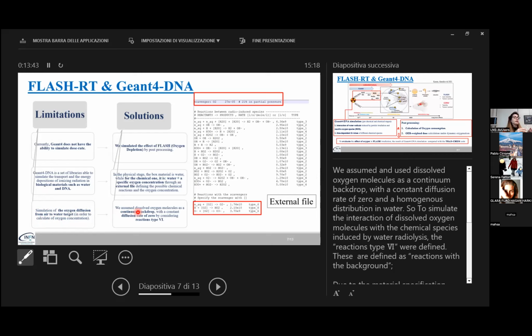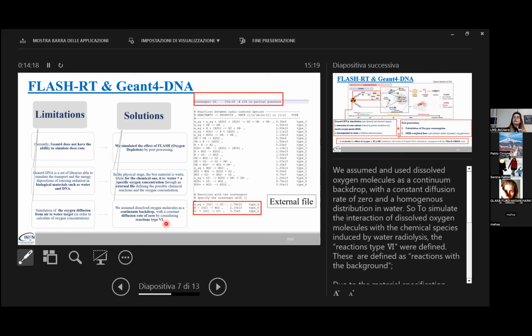It means the diffusion rate is 0. And for showing these features, we defined specific reaction types. You can see here the reaction type 6, specifically defined for oxygen interaction with other chemical species.